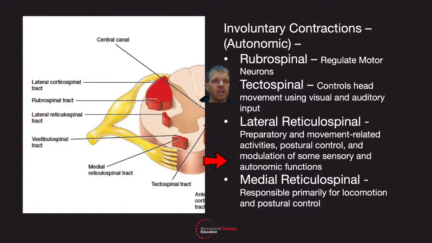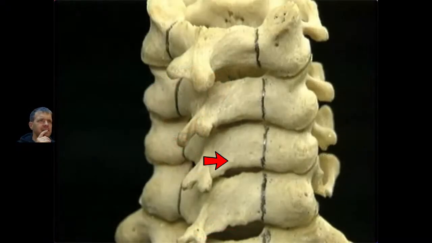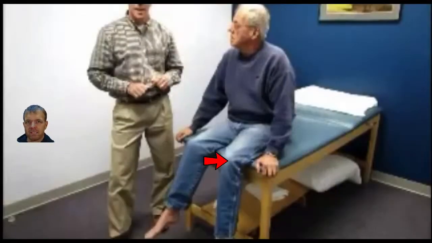And then if we go back to this one, when you're doing a reflex test, you hit the tendon and it gets really quickly stretched. That's what the tendon thinks has happened.